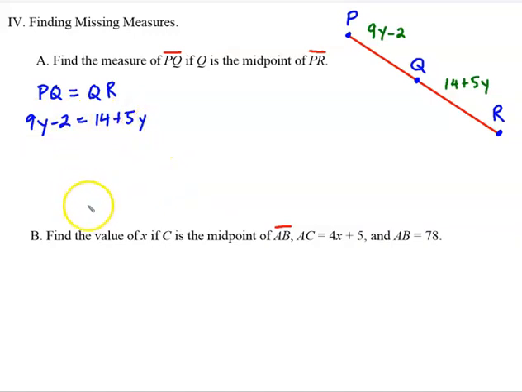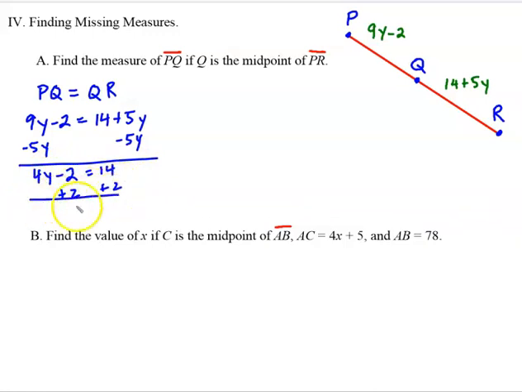And then we can solve for y, and if we know the value of y, then it'll make it easy to find out the measurement of PQ. So we'll subtract 5y from both sides. Add 2 to both sides. And then divide by 4.